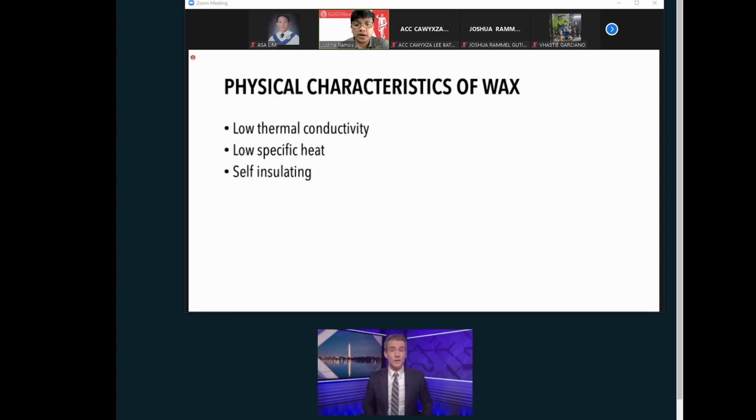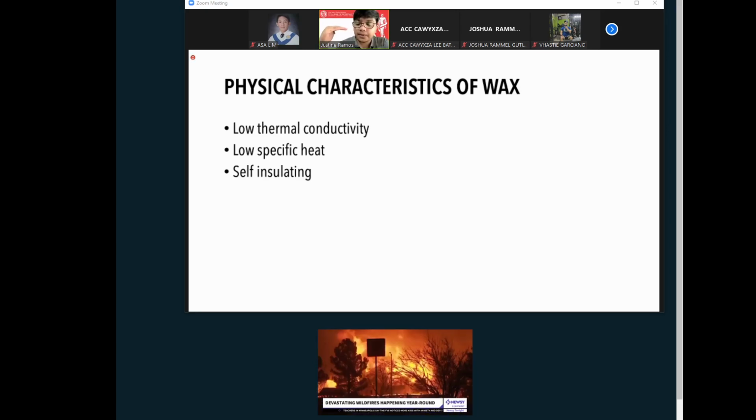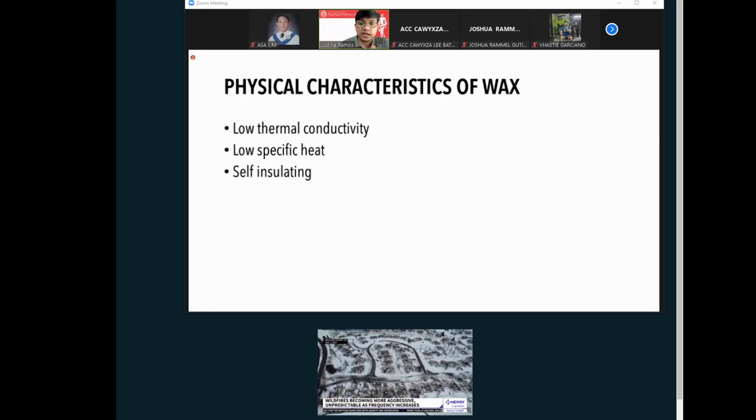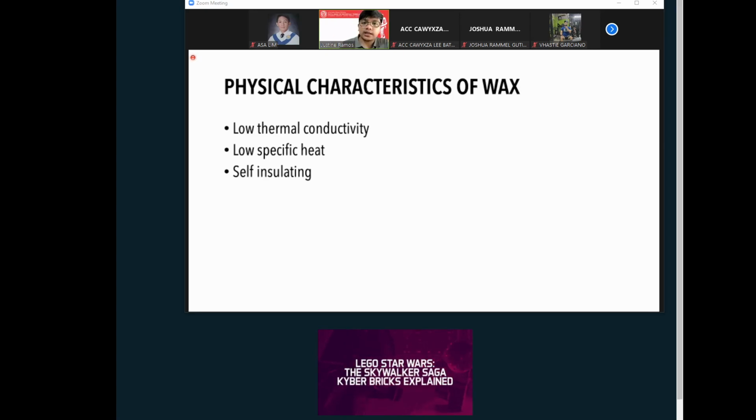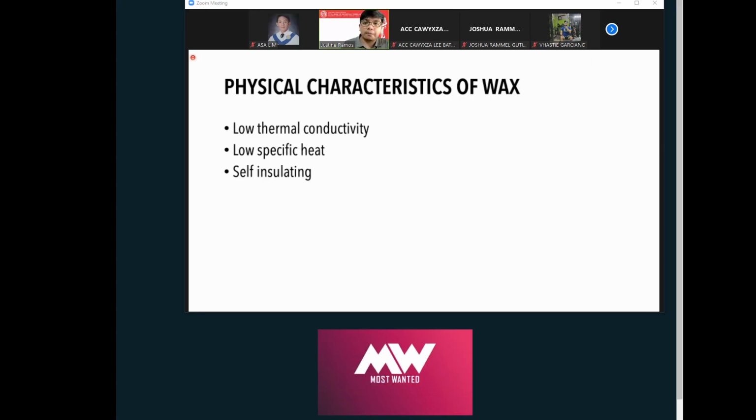So if you compared 45 degrees Celsius of water compared with your paraffin, mas mababa ang perception ng patient under paraffin compared sa water at the same temperature, therefore decreasing the risk for burn. And lastly, it conducts the heat more slowly than the water at the same temperature, thus allowing the tissues to heat up slowly and at the same time decreasing the risk for burn. Okay?